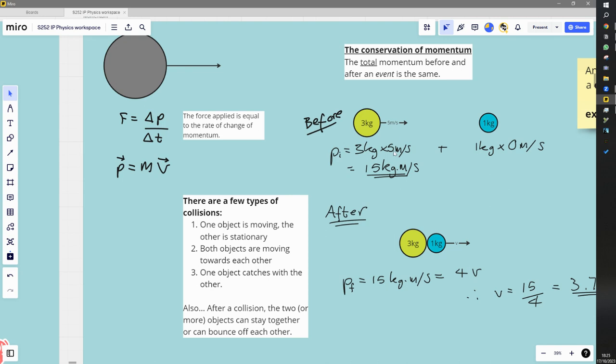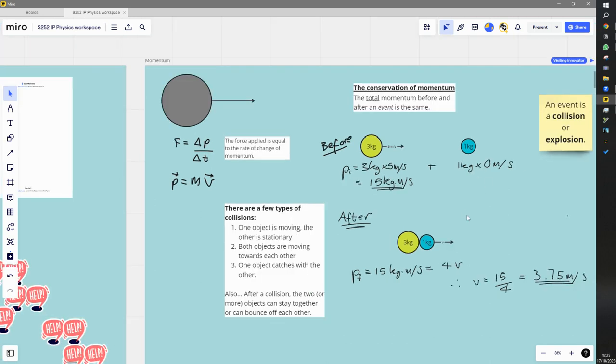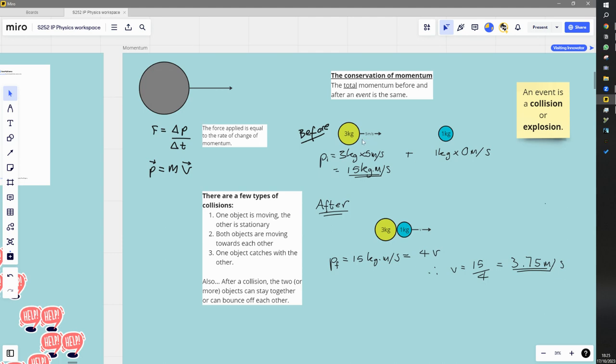I've called it just 5. And because I've called it 5, that means forwards is to the right. So if I did a bunch of sums and got a negative velocity, it would tell me that the velocity is moving to the left. And you're not going to get that in this case. There's no reason that this would go towards that. They stick together and they'd move off to the right.